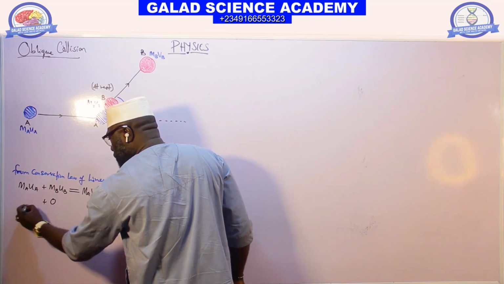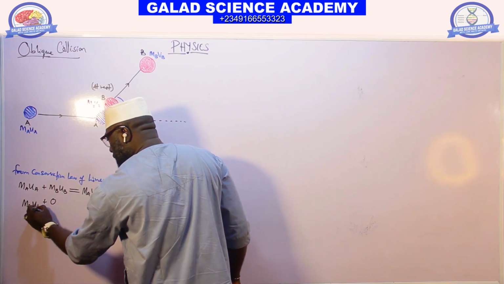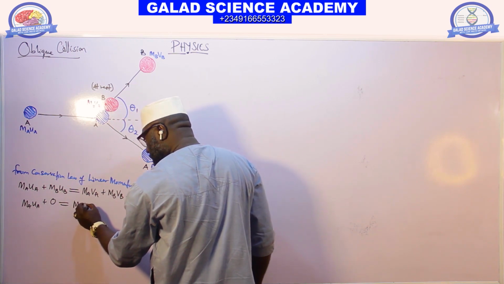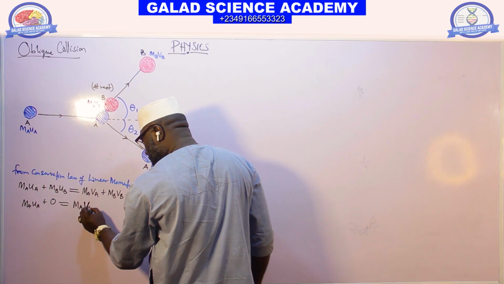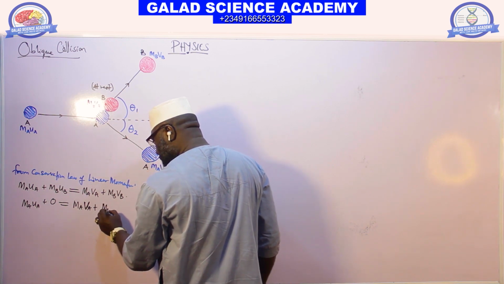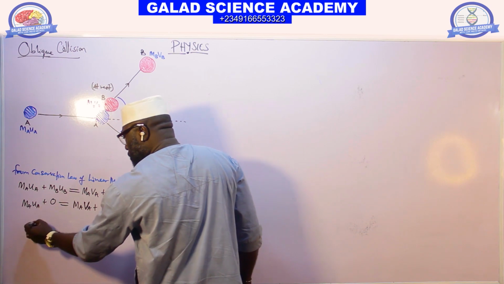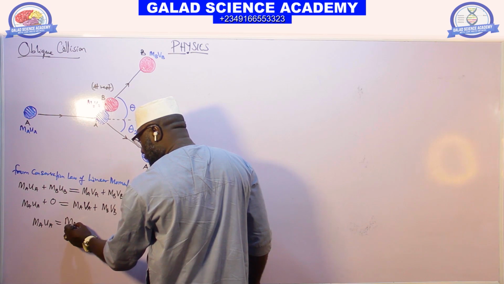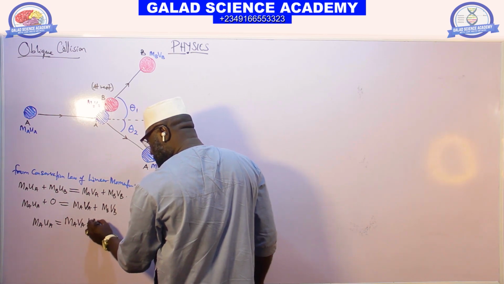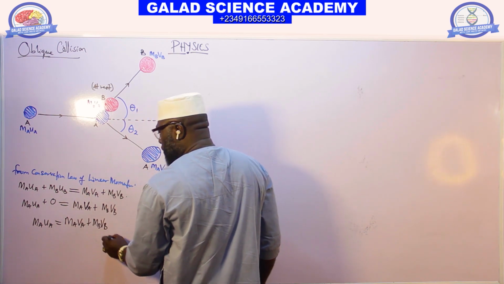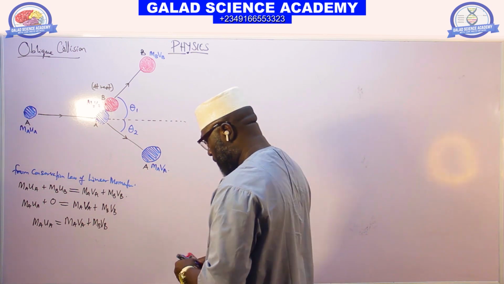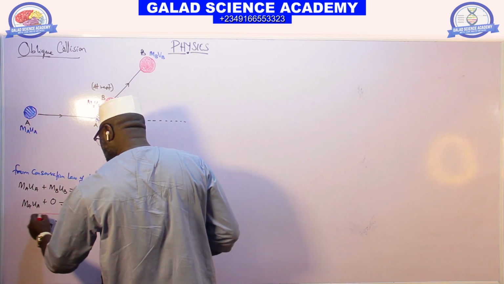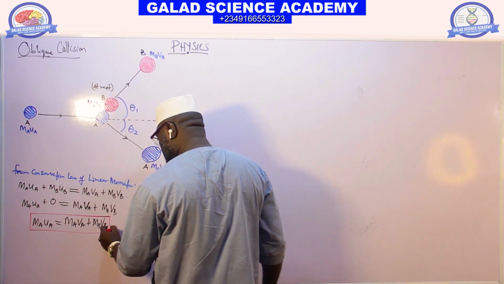We have 0 plus MA UA, which should give you MA VA plus MB VB. You have MA UA equal to MA VA plus MB VB. We can call this Equation 1.